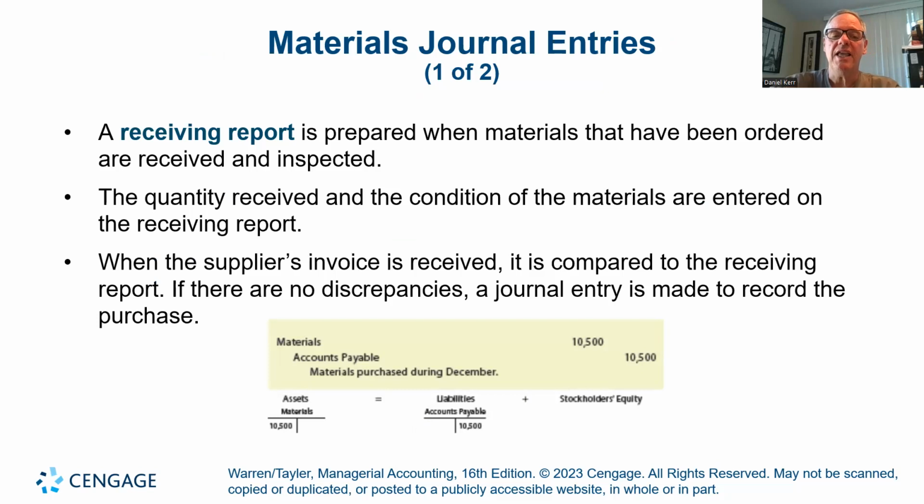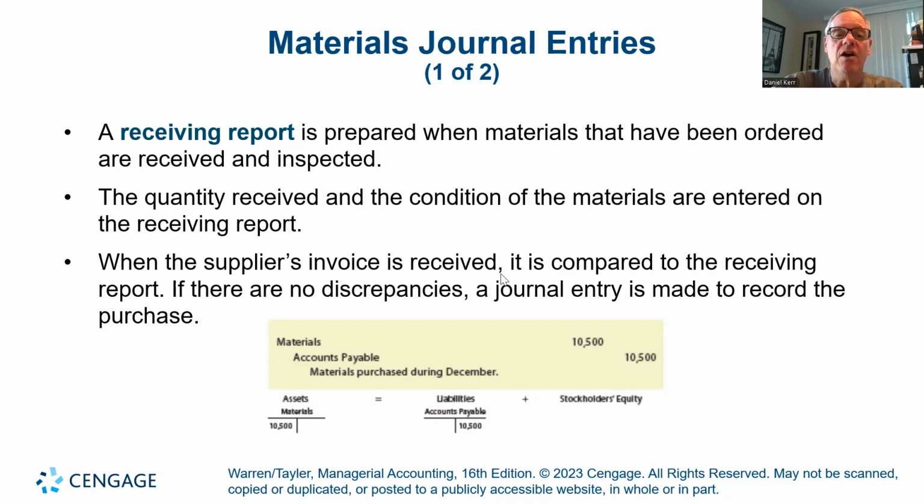They were purchased on account, and on account, you're increasing a liability, which is accounts payable. We have a receiving report that shows when the goods were actually ordered. So we debit materials and credit accounts payable. That's the purchase of materials.